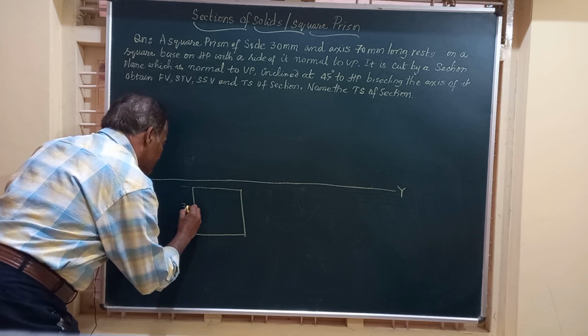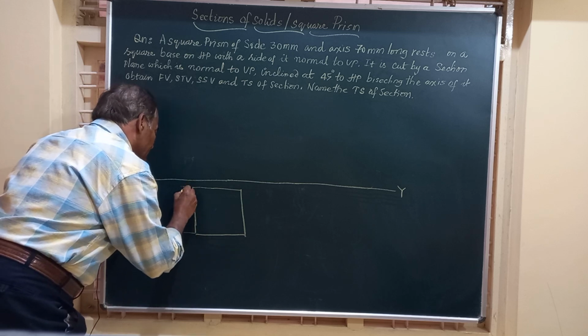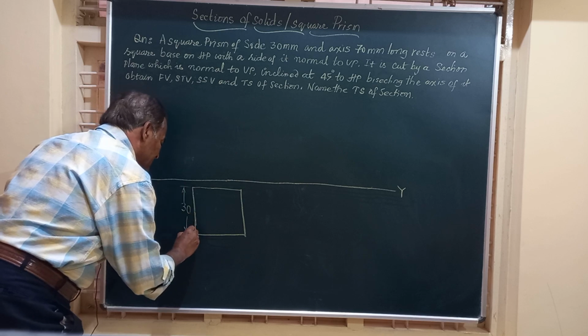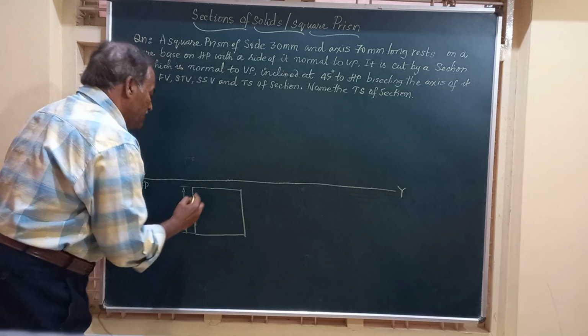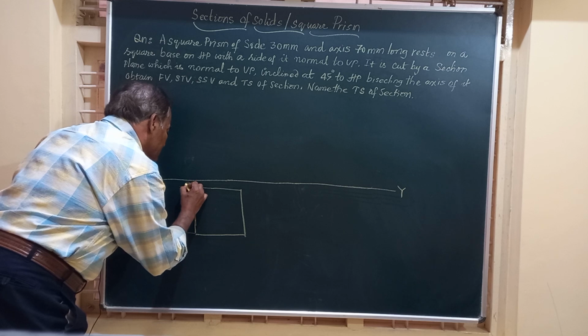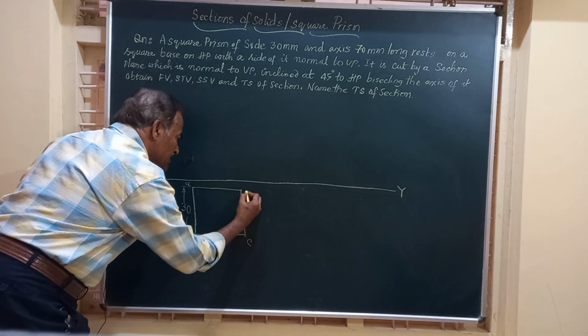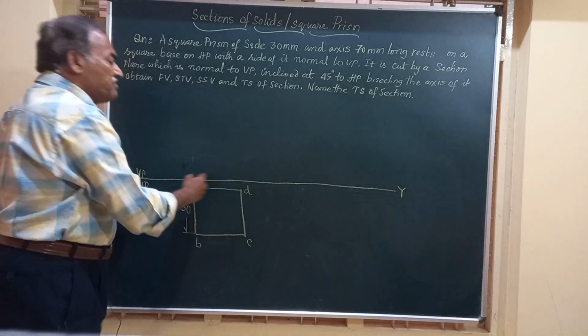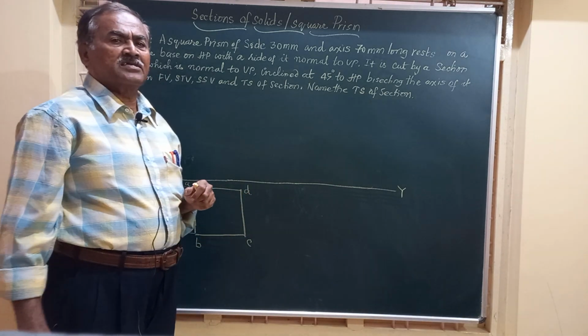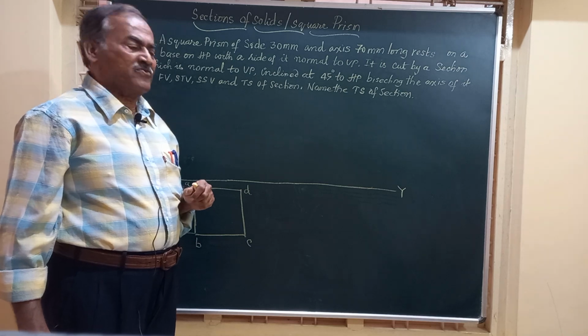All the four sides will have the same dimension. So I'll mark 30. And friends, here let us name these corners as A, B, C, and D. So A, B, C, D represents the square bottom face.